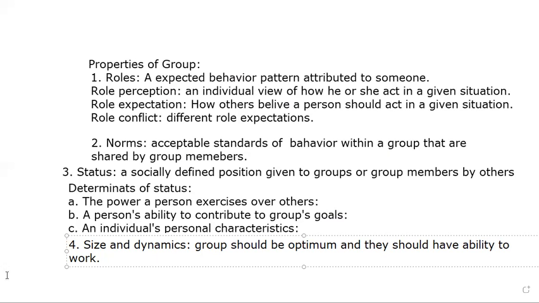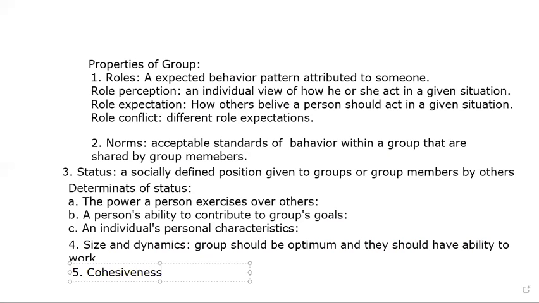Then number 5 property of group is cohesiveness. Cohesiveness means the degree to which group members are attracted to each other and are motivated to stay in the group. Cohesive means when you are closely related to another member.